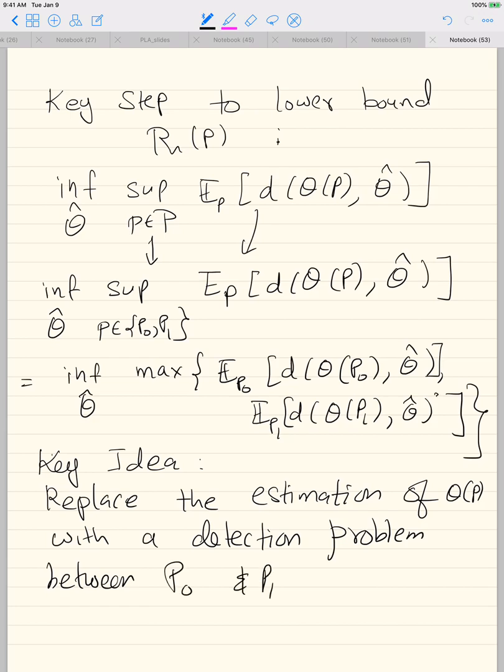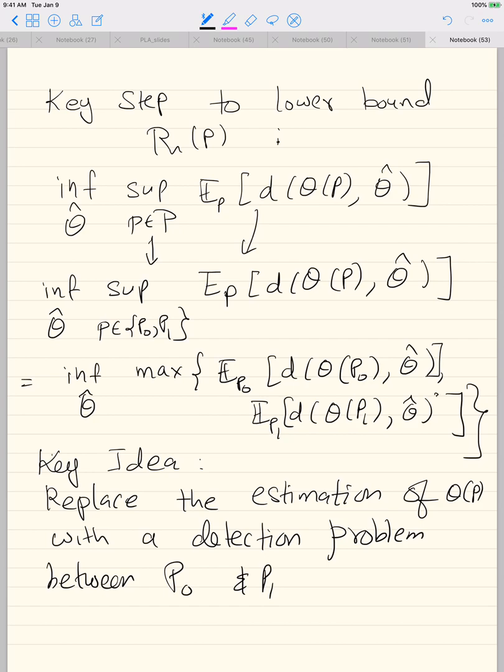This is an estimation problem: we want to find θ̂ either close to θ of P0 or close to θ of P1, and take whichever one is worse. This is trying to estimate θ, and d is the distance, like the squared error. This is hard to do, and Le Cam doesn't try to solve this problem. Instead, Le Cam finds a way so that this estimation problem can be mapped to a detection problem, for which we can solve for the optimum, and that gives a lower bound to this problem.